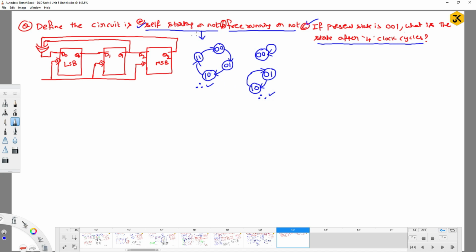Now try to observe. Self-starting means wherever I start, either 00, 01, 10 or 11, it has to compulsorily enter into the continuous loop.